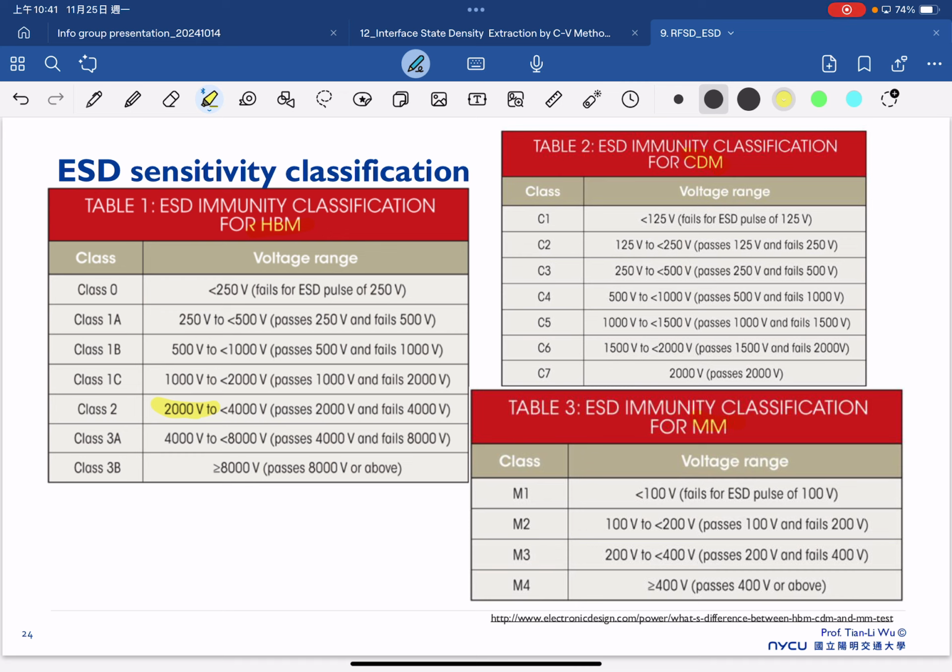And usually they provide the data sheet from the company. Usually the data sheet will include information on their ESD capability. That's exactly shown here. They will clearly specify that their product has already been tested under a certain model and what their capability is. It will be clearly shown in the data sheet.